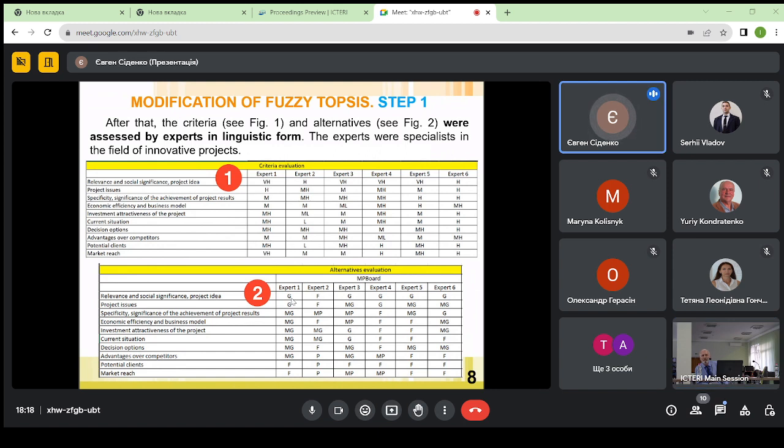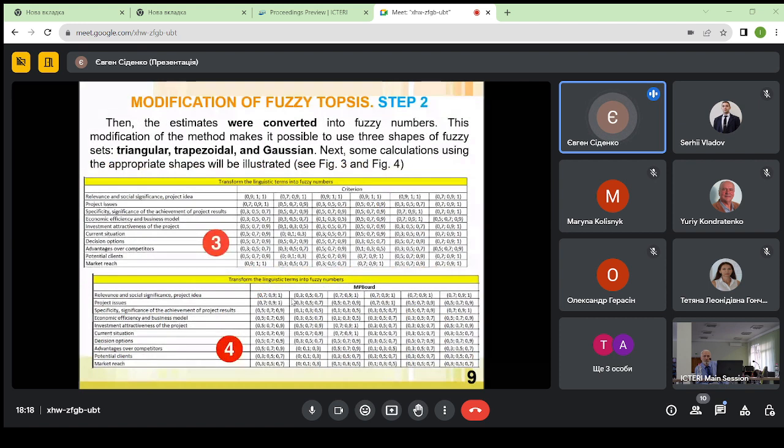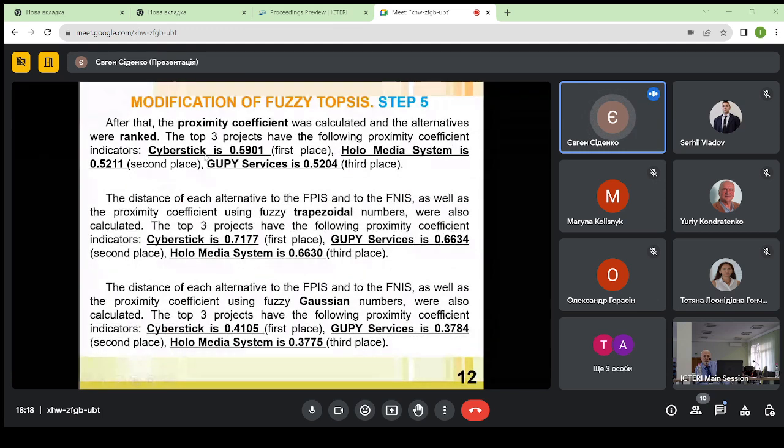We validated our result according to two other methods, the AHP analytic hierarchy process method and also the ARAS method, and they also gave us the same results, and according to the startup competition, the first place was also for the CyberStick innovative project.